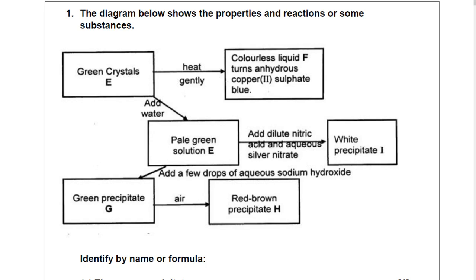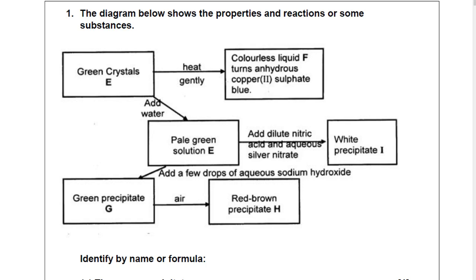Again, to the same pale green solution, we add a few drops of aqueous sodium hydroxide to form green precipitate G. To green precipitate G, we add air to form a red-brown precipitate H. The question is, identify by name or by formula the green precipitate.